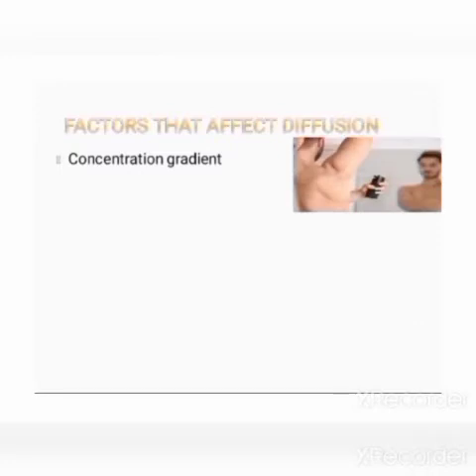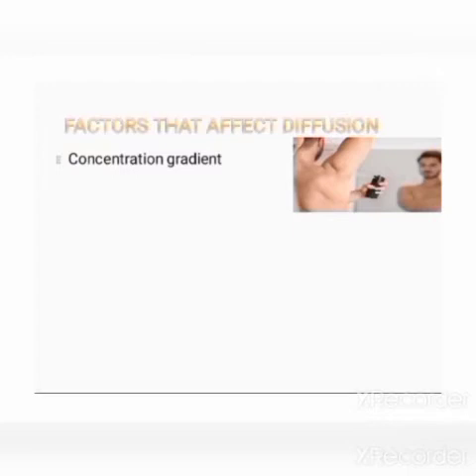Factors that affect diffusion. 1. Concentration gradient. So from this picture, you can see the man spraying. The region where he is spraying has a higher concentration. So if you are very close to him, you can smell it very high. But someone at the door or someone at a corner in the room will not smell it earlier, but will smell it later on.